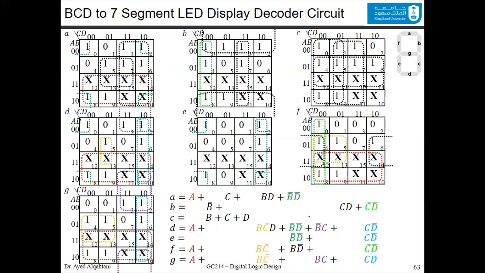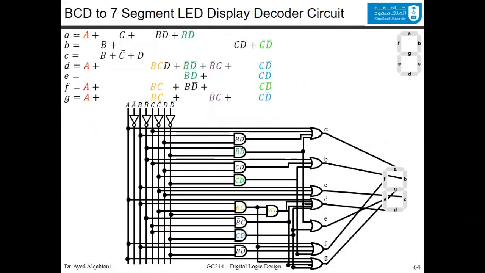So for example, the light blue one, C D bar, is actually shown here in D, in E, and also in G. Now, we rewrite those functions here, and based on these functions, we draw the block diagram. So for A, we have four terms, and this is why we have a 4-input OR gate at the end.